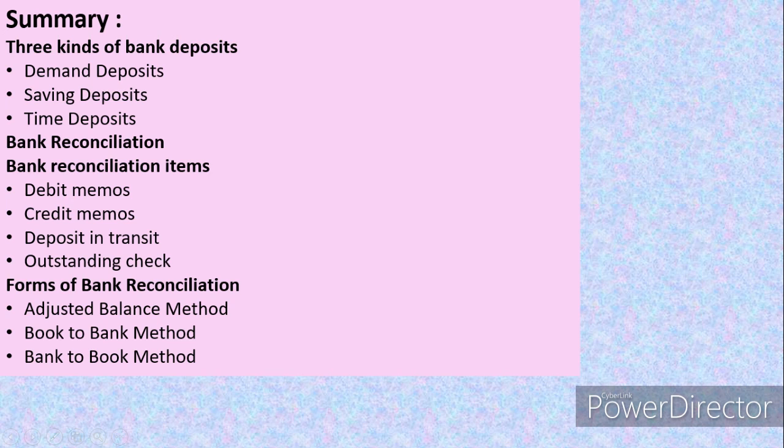There are various reconciling items that are part of bank reconciliation, namely debit memo such as bank charges; credit memo, which reduces the accounts receivable from a customer; deposit in transit, which records a deposit that has been received by an entity but is not yet recorded and processed by its bank; outstanding checks, which have been issued by an entity but have not yet been exchanged into cash and cleared in the bank; and lastly, errors, which may arise when there's a mistake in recording other entities' transactions to your account.